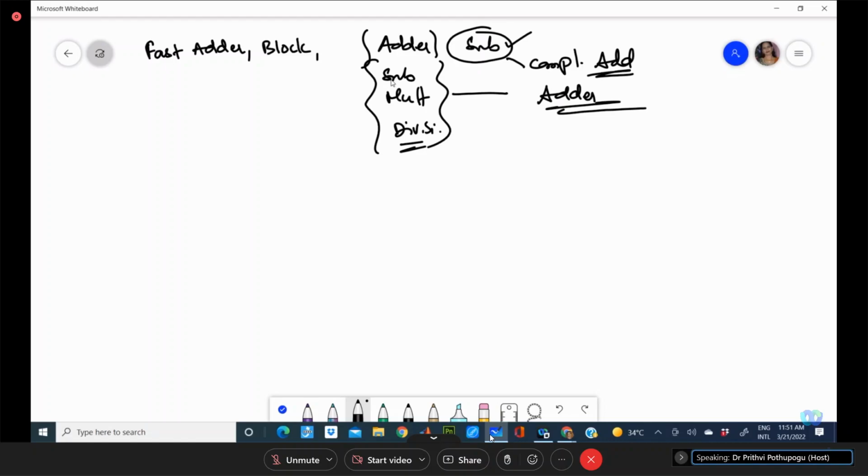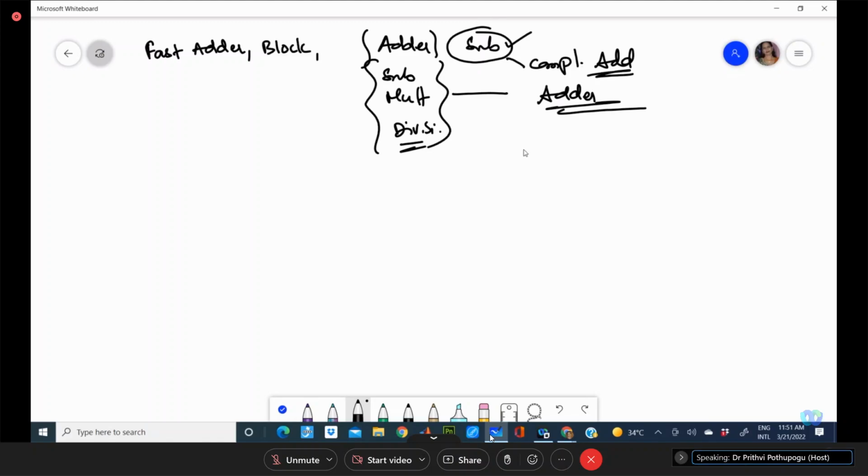Subtraction is addition of the complement of the value. Multiplication is repeated addition. That much is clear. Hope you know this logic of implementing a multiplier or a division using an adder. You know that.